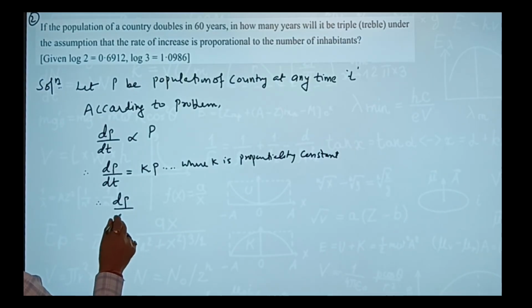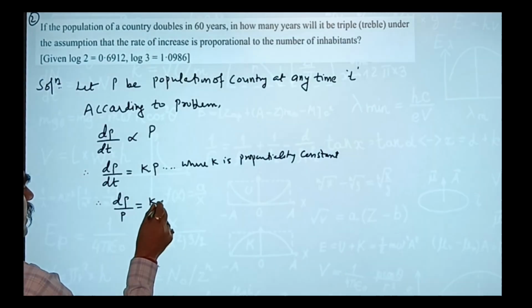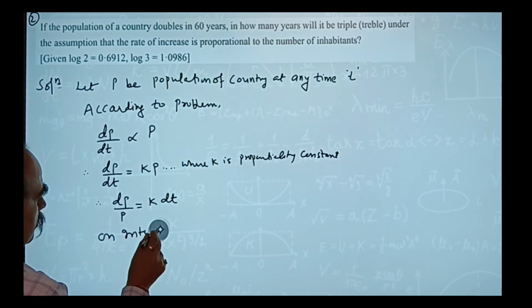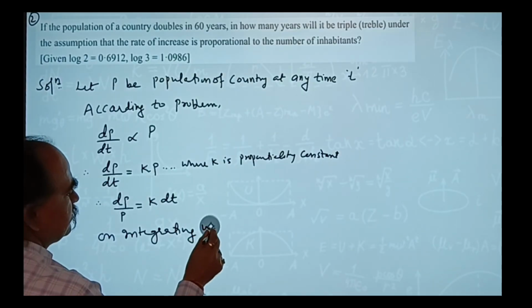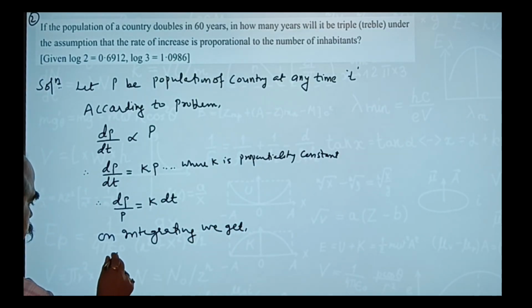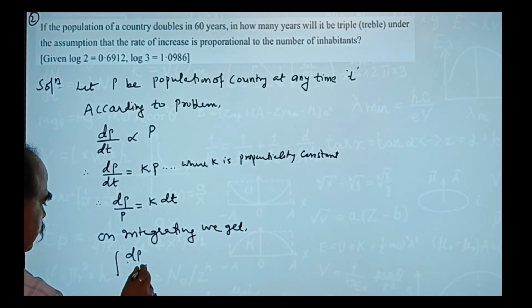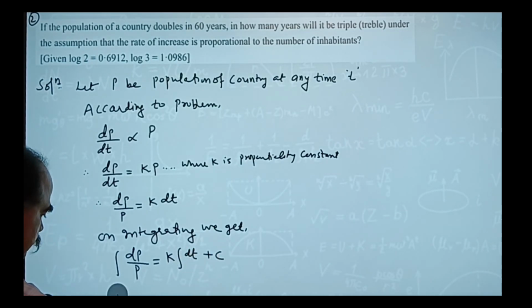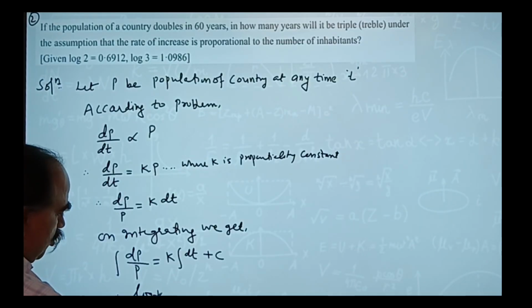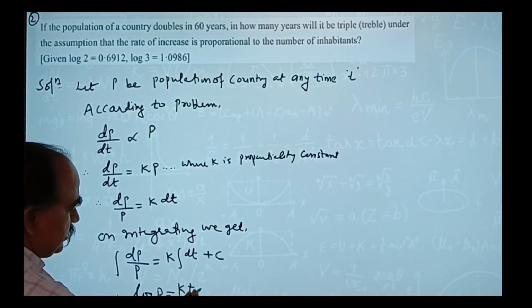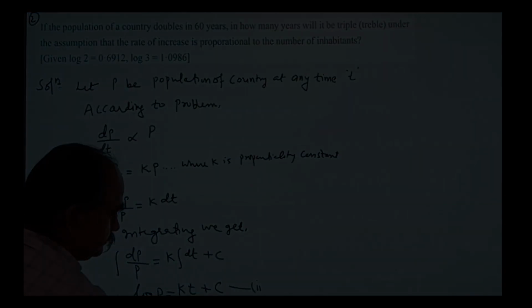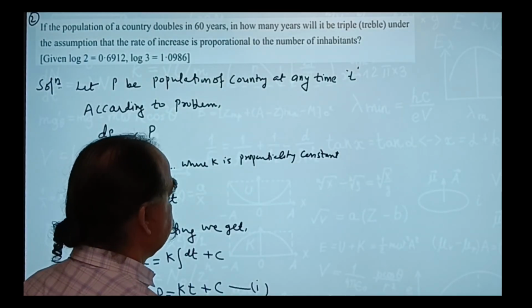So dp upon p is k dt. On integrating we get integral dp upon p is equal to k integral dt plus c. Log p is kt plus c. Equation number 1.